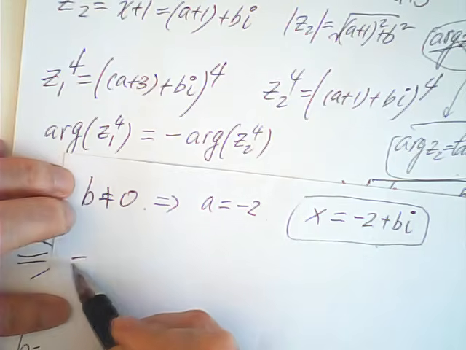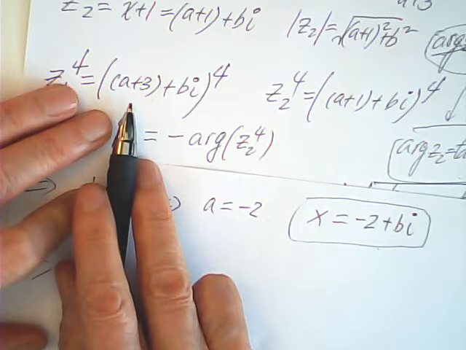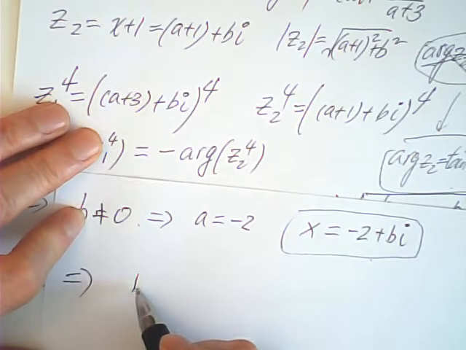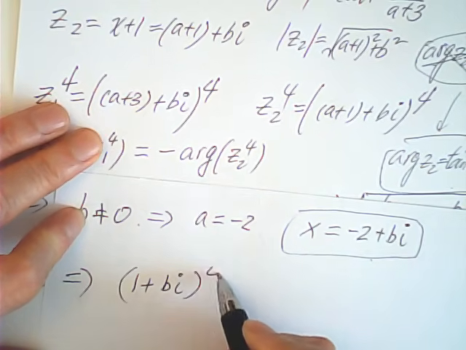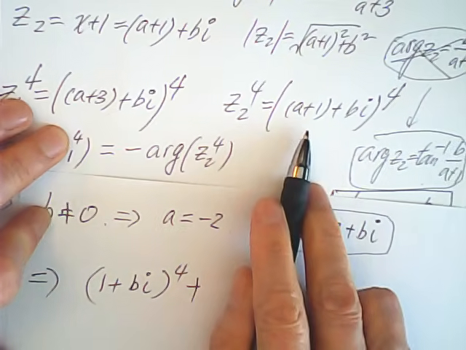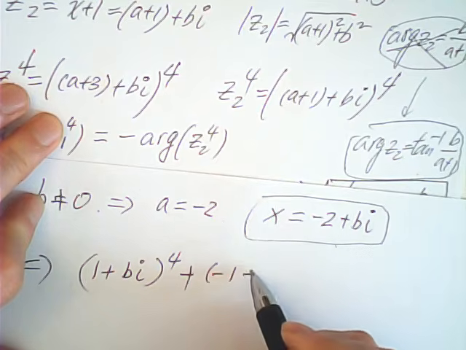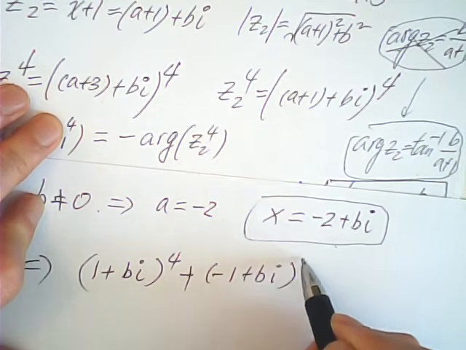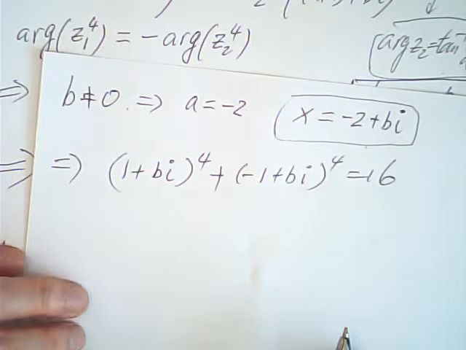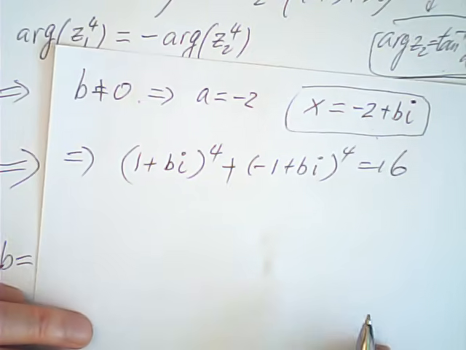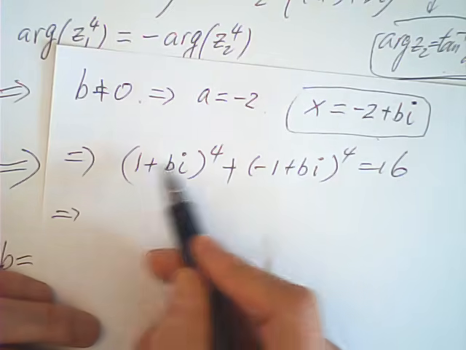So which means that A is negative 2. So (1 plus Bi) to the fourth plus (negative 1 plus Bi) to the fourth is 16. Let's just square this one first.